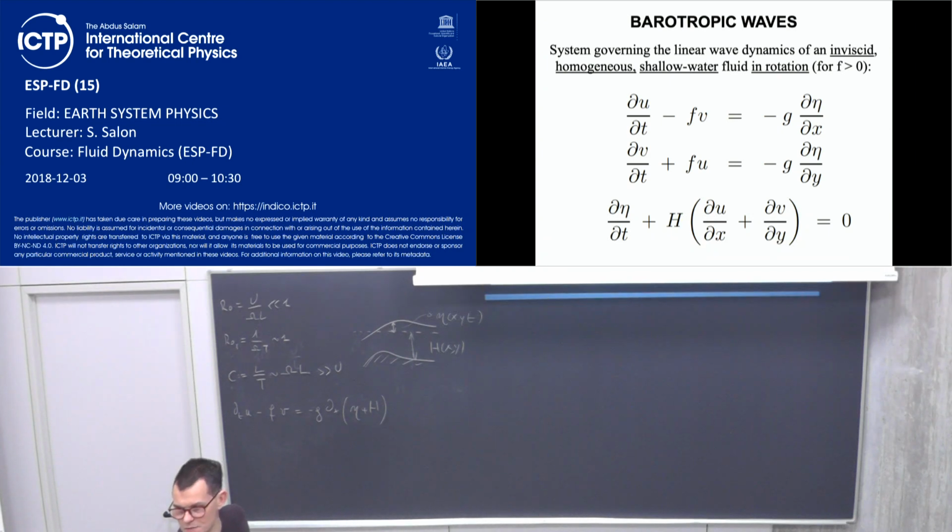Okay, we can call it surface height. So we can consider as a reference level of our fluid. Again, can be air, or water.